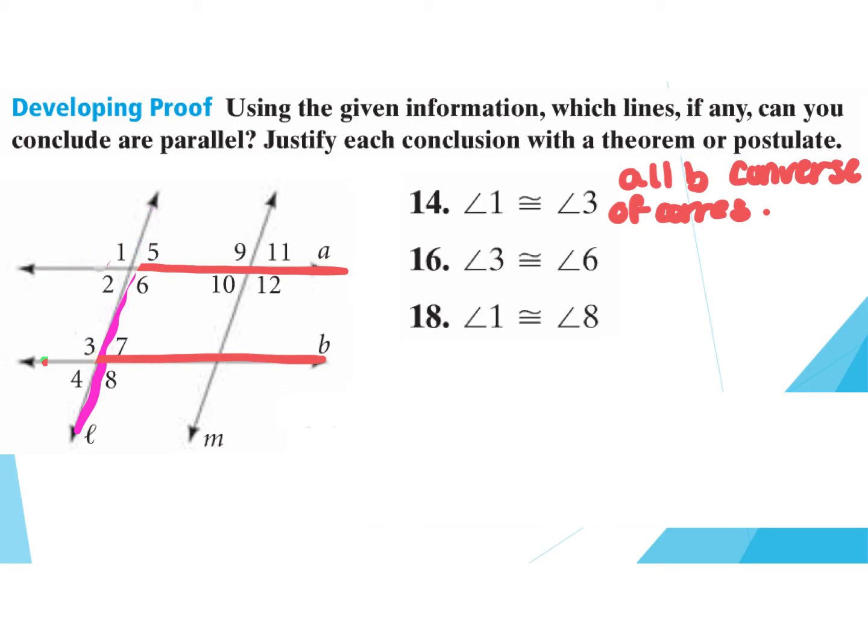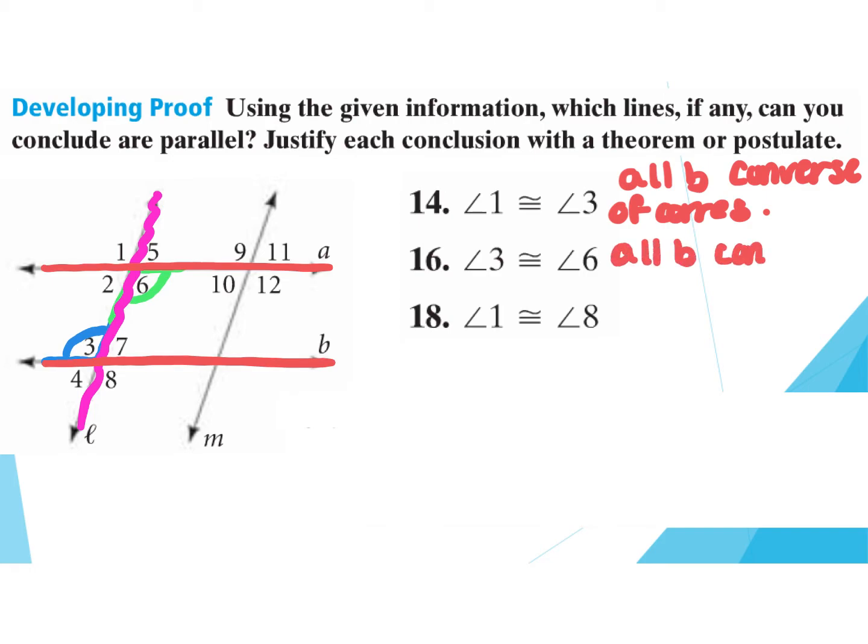For the next one, I have angle 3 and angle 6. So angle 3 is this angle here, and angle 6 is this angle here. So my transversal is this line. So my parallel lines would be A and B. So you could say A is parallel to B by converse of alternate interior angles.